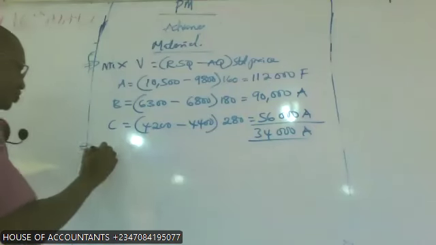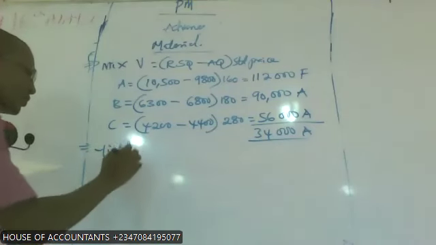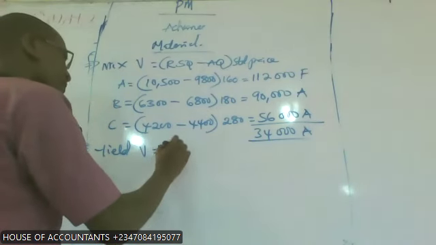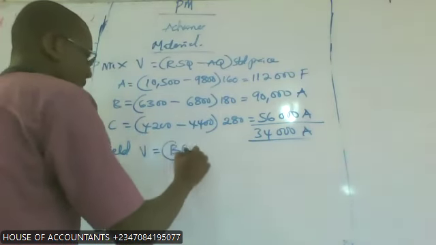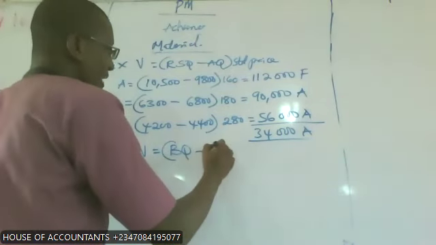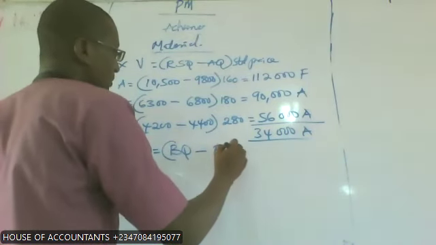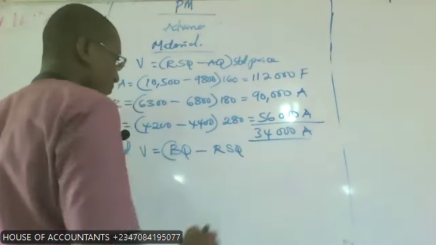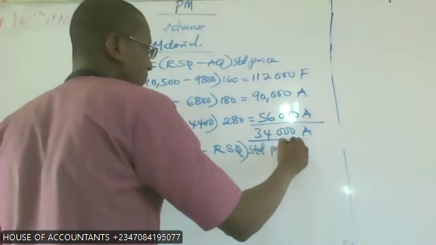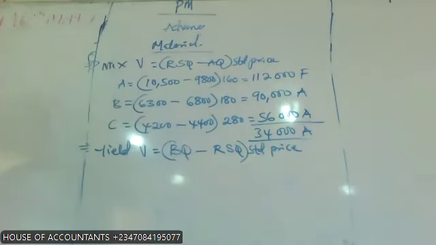So we go to the yield variance. Yield simply means budgeted quantity minus reverse standard quantity multiplied by standard price.